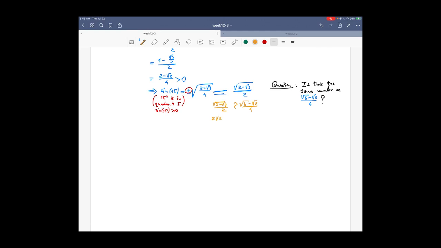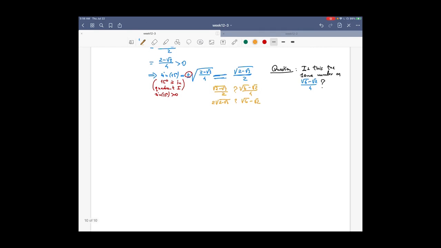That'll give you 2 root 2 minus root 3 and root 6 minus root 2. Square up both sides. It'll give us 4 times 2 minus root 3, and 6 plus 2, square of one guy plus square of the other guy, minus twice their product. 6 times 2 is 12.